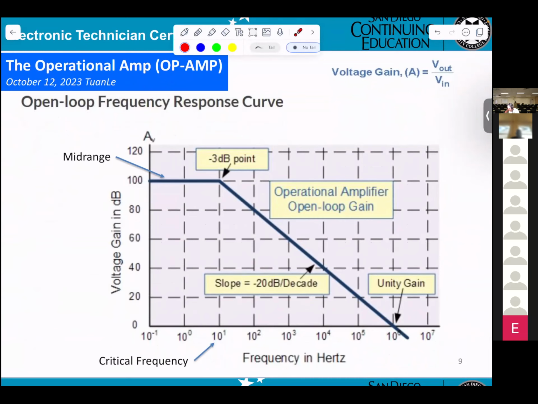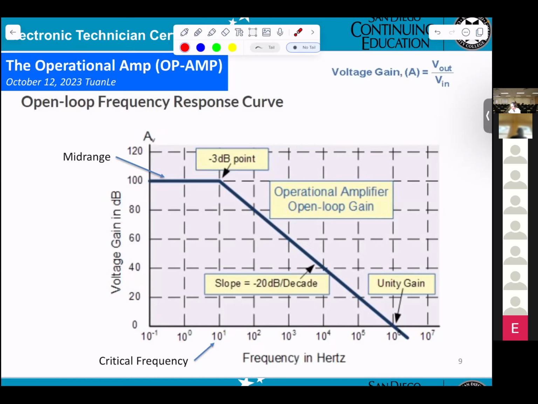So it looks like 0 here, 1 hertz, 10 hertz, 100 hertz, 1000 hertz, and so on. And this will be the gain, A, that means the gain. Okay?